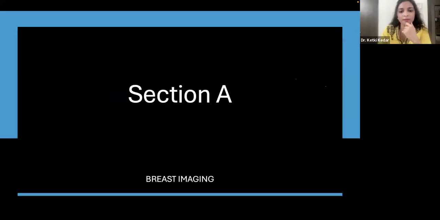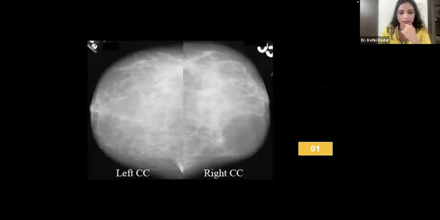Okay. So section A will comprise of the breast imaging. This is the first photo.